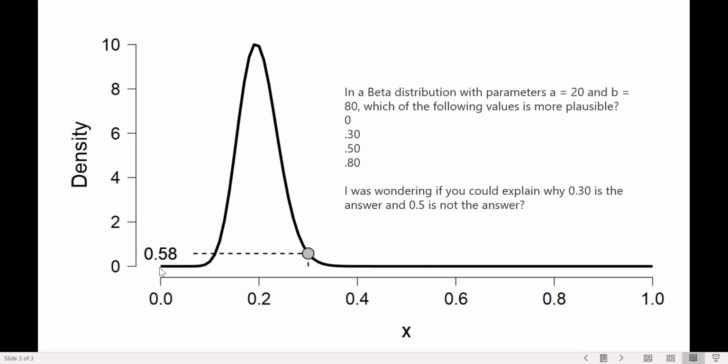And 0 is also lower, you can see, but also we know that the probability of 0 is 0, because if you have 20 successes, the probability cannot be 0. Okay, so basically 0.3 is the value that is closer to the most probable value, 0.2, and in this distribution is much more plausible than the other options in the question.